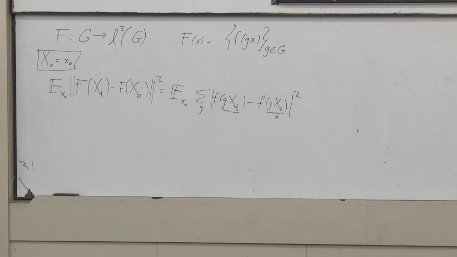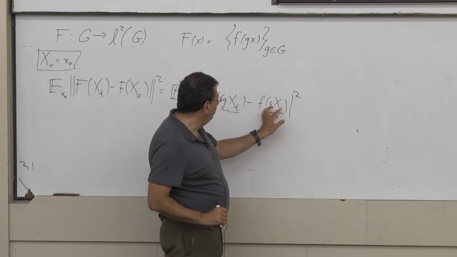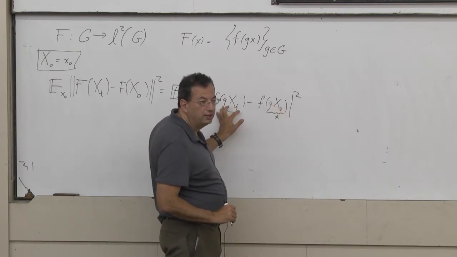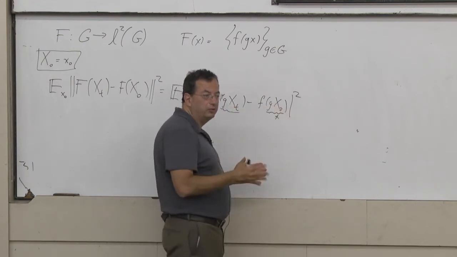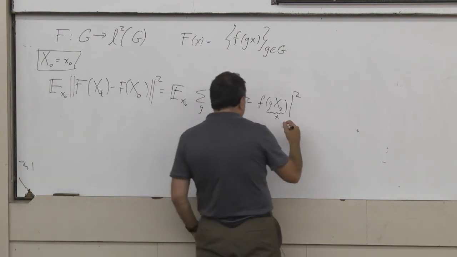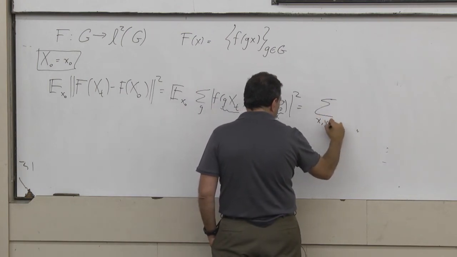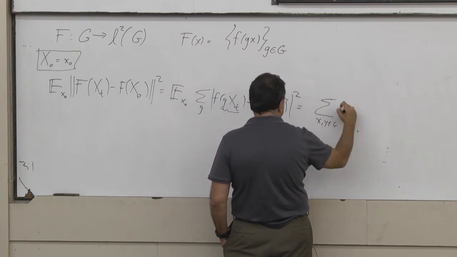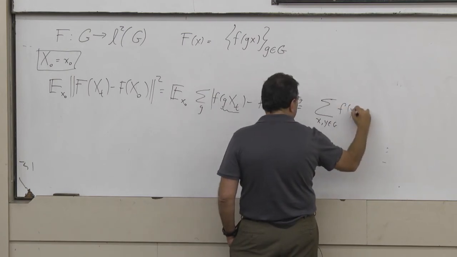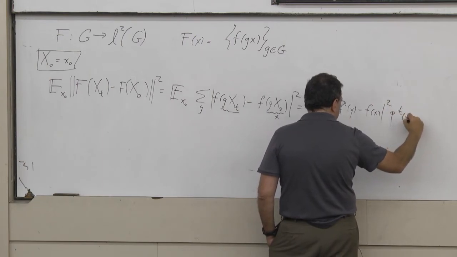Each time we choose an element of the generating set and multiply from the right by that element. So if I do a right random walk starting at this point x, g x0, after t steps I'm going to have the distribution of g xt, because multiplying from the left and from the right are operations that commute. So in other words, I can write this as the double sum over x, y, and g of (f of y minus f of x) squared times p_t of x, y.